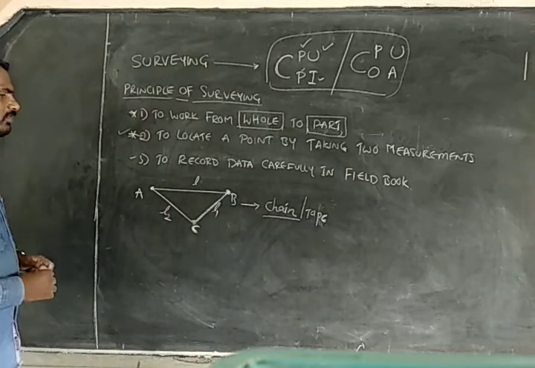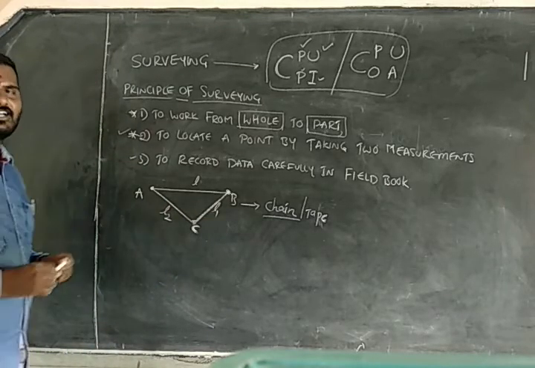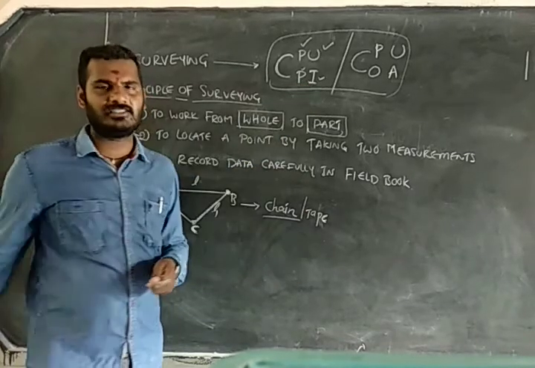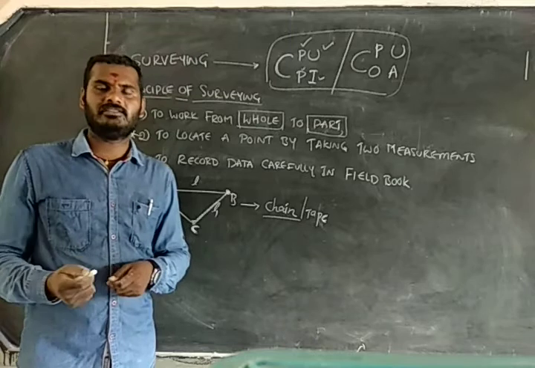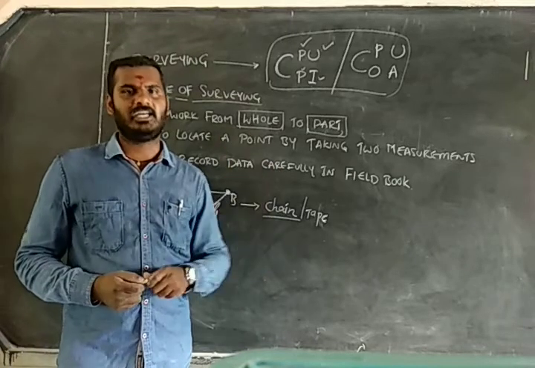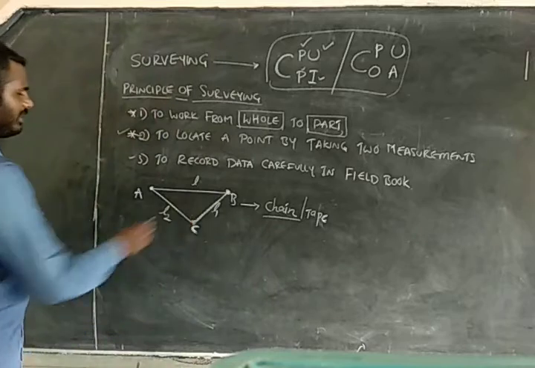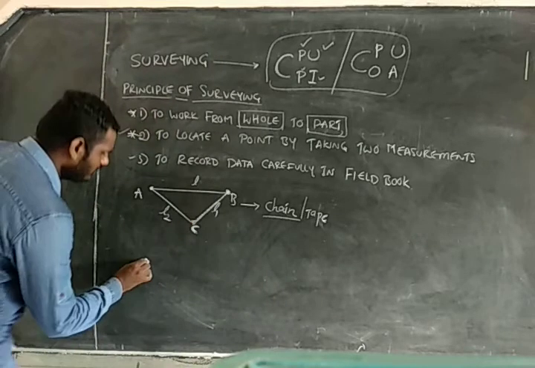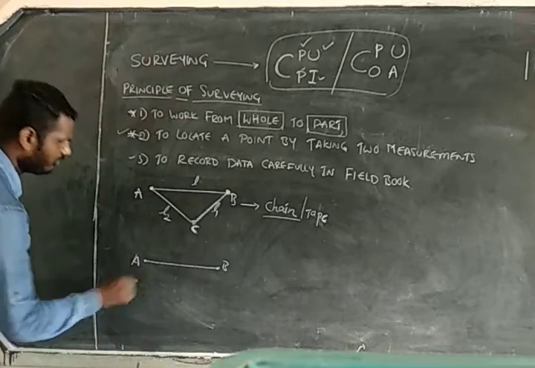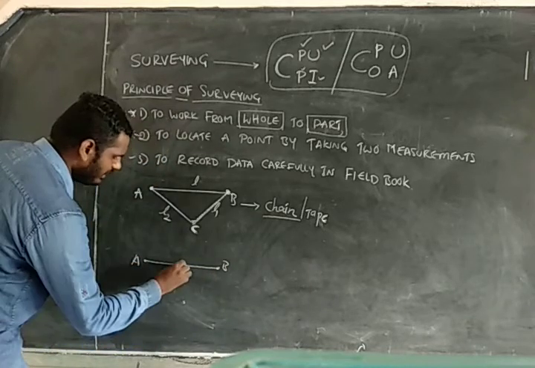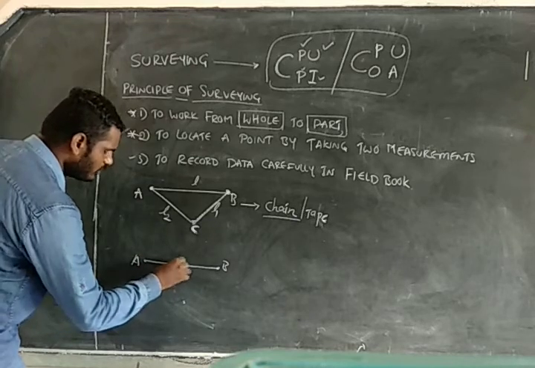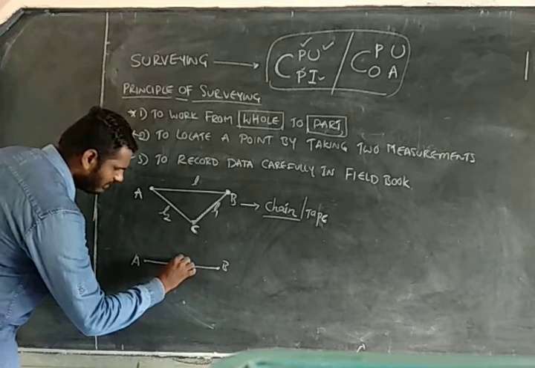And next we have one more method, that is the cross staff. I will tell you what a cross staff is when we discuss the instruments. Cross staff is useful to erect a perpendicular from an existing line. Okay. So the same C, if you want to position C from AB, choose one point on this line AB and put the cross staff here.